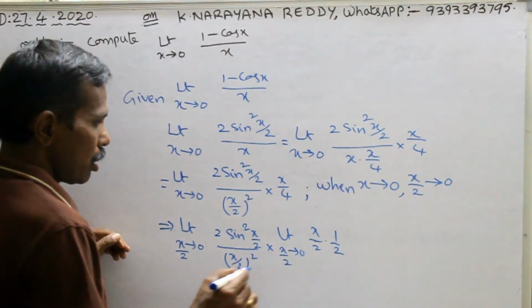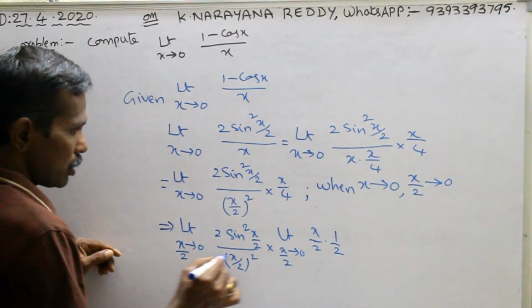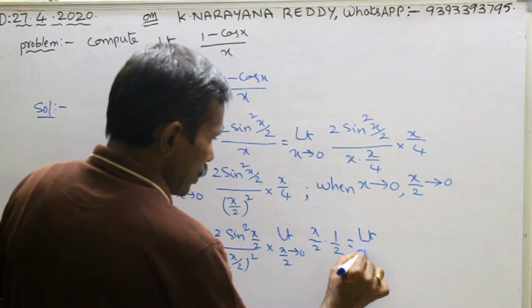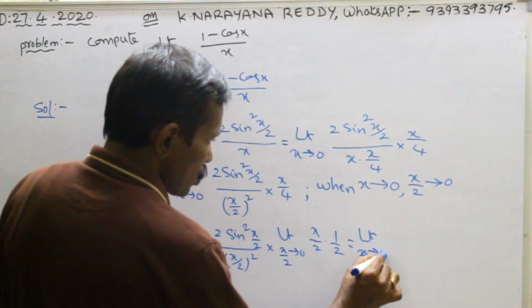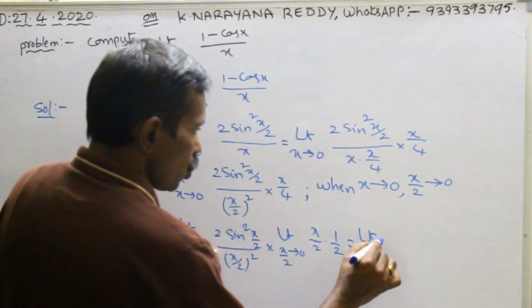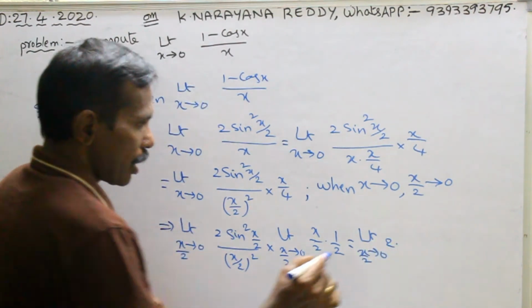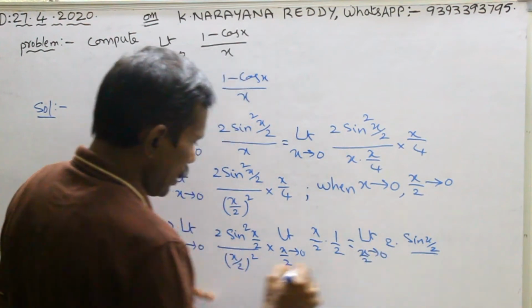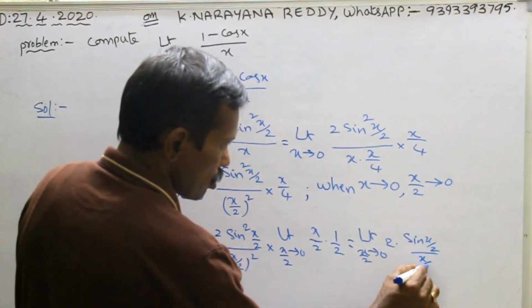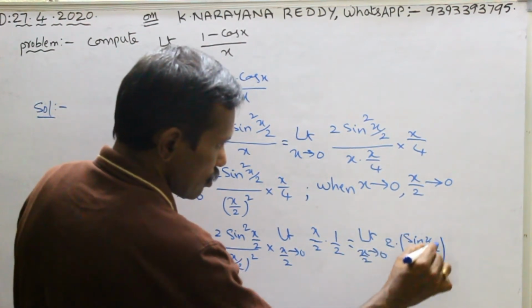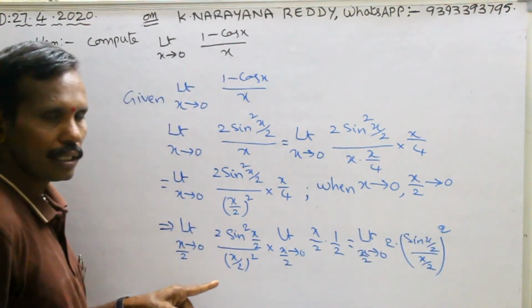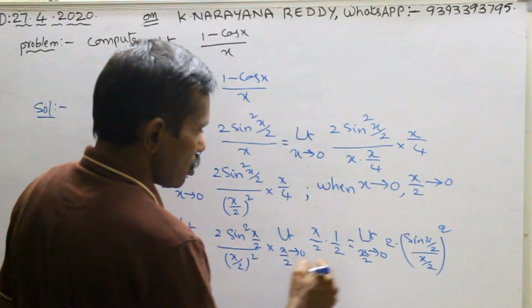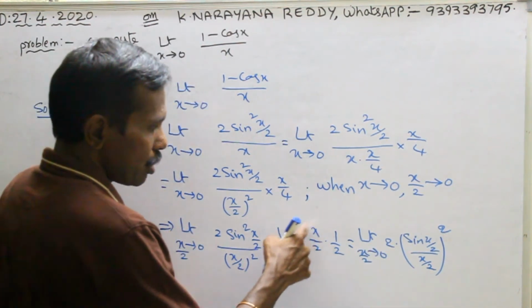Okay? Now this equals limit x by 2 tends to 0, 2 into sin x by 2 divided by x by 2 whole square, sin theta by theta. Here x by 2 tends to 0.